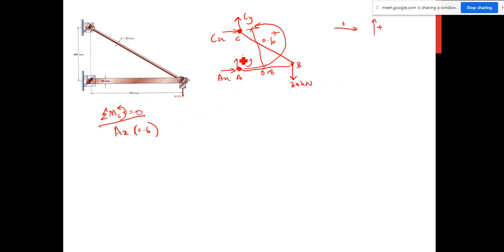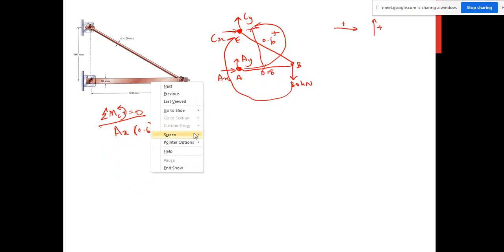Then you have the 30 kilonewton going to C, the distance is 0.8. This direction is opposite to your assumption, so you get negative.